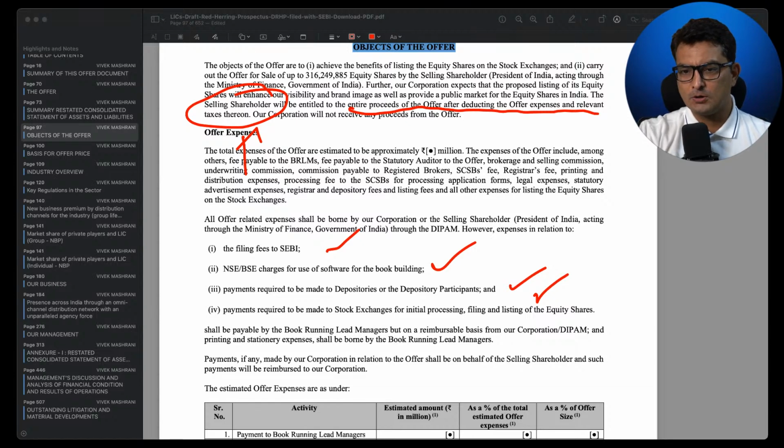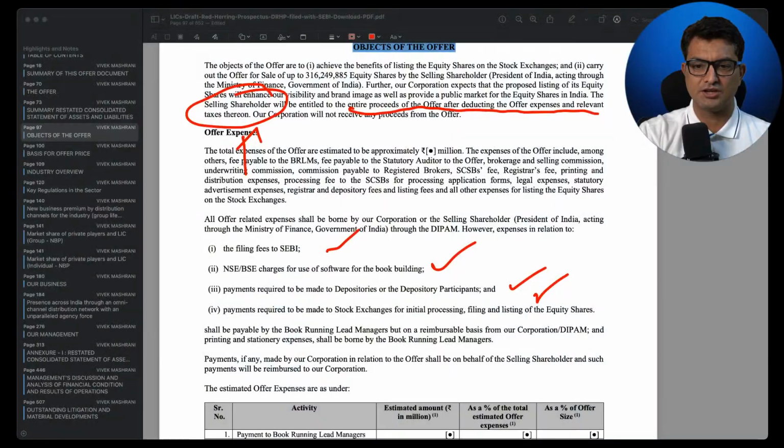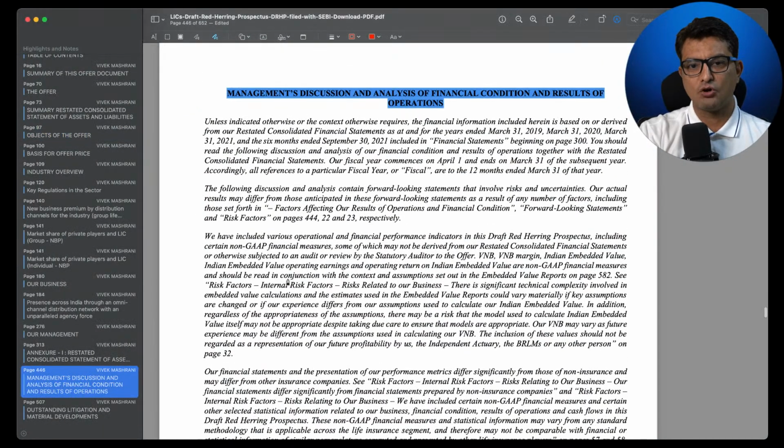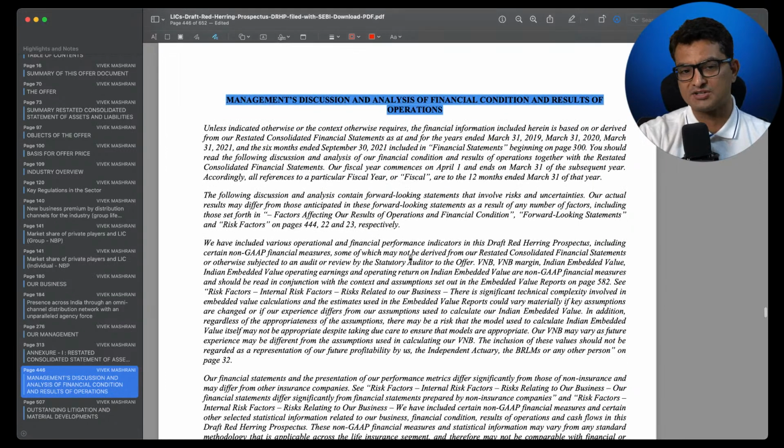So let me also go to the next section, which is management discussion and analysis. Whatever management thinks about the company, what the strategy is, whatever discussion and analysis they have done, they also need to put into a separate section. I'll show you where you need to find this. There is a separate section called management discussion and analysis of financial condition and the operations of the company.